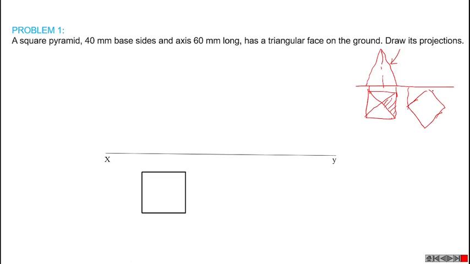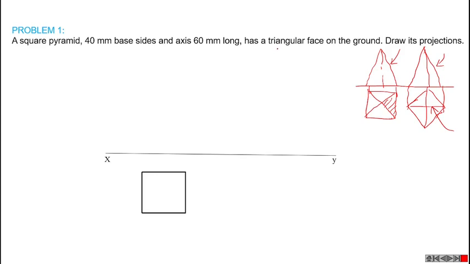While choosing this particular square as the base figure, we can see that this line is actually the slant height. This particular slant height is represented as a straight line in front view.